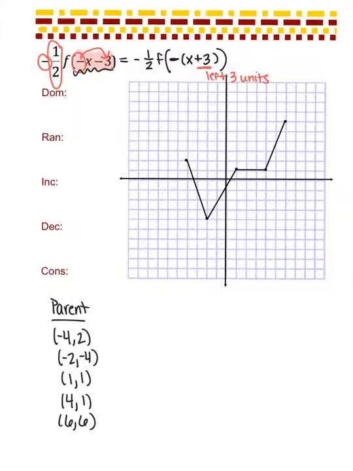So again, I've got reflection about the x-axis, vertical shrink by a factor of 1/2, reflection about the y-axis, and then I'm moving to the left 3. So watch out for that. That's really the only special case that we've got going on right now, to see how you've got to pull that negative out so you can see the true horizontal movement.